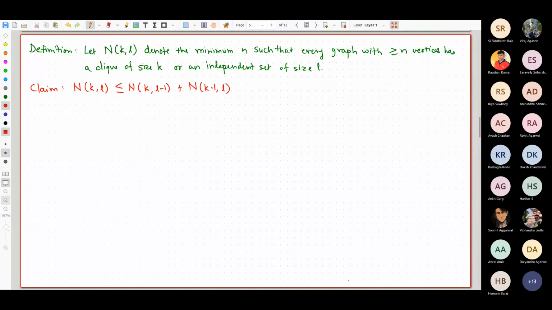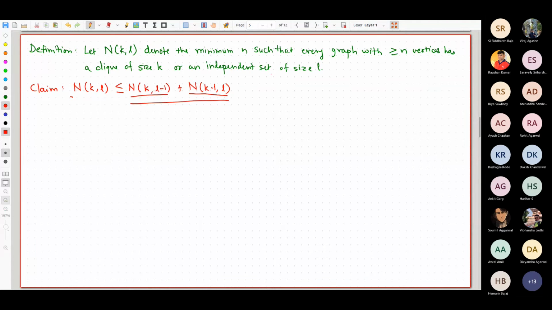So does everybody get why I cannot write an equal to over here? What I'm ensured is every graph with so many vertices has a clique of size k or an independent set of size l minus 1. Every graph with so many vertices has a clique of size k minus 1 or an independent set of size l. That implies that every graph with so many vertices has a clique of size k or an independent set of size l.